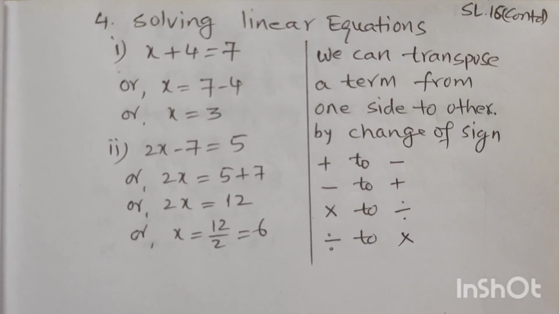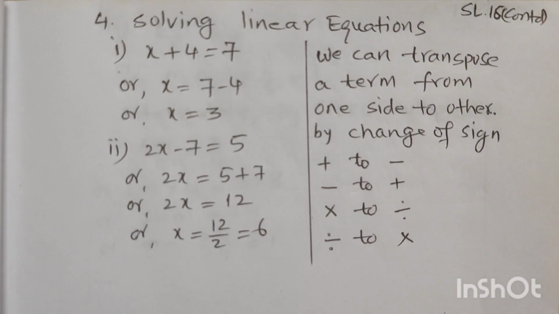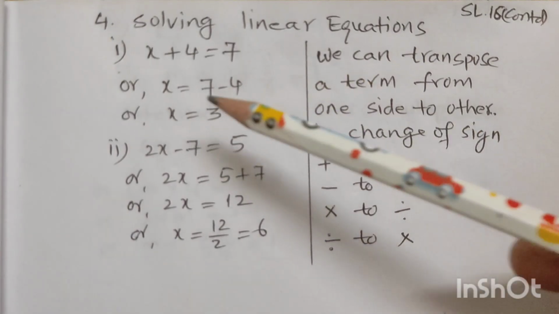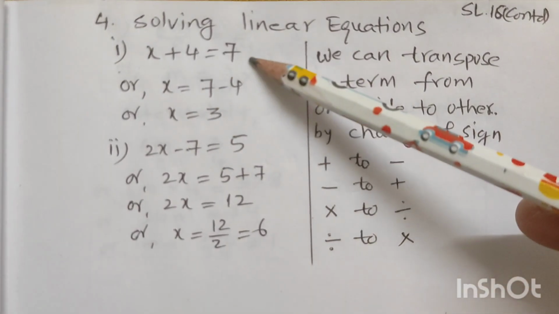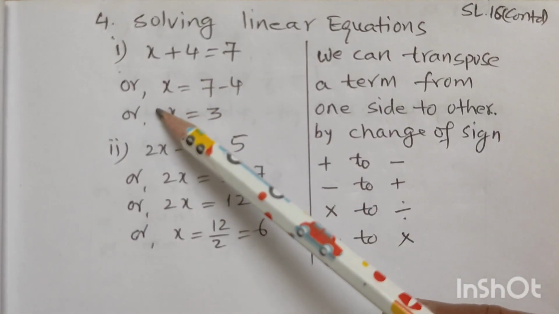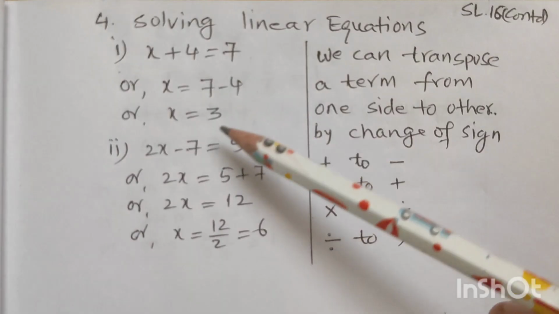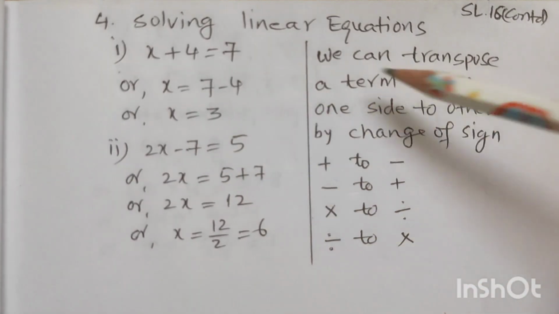Solving linear equations. Here we have solved the equation x plus 4 equals 7. In the next step, 4 has been taken to this side and the value of x is 3.